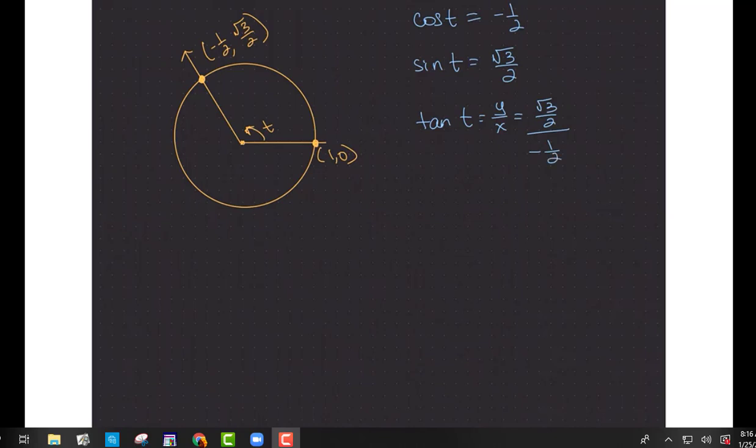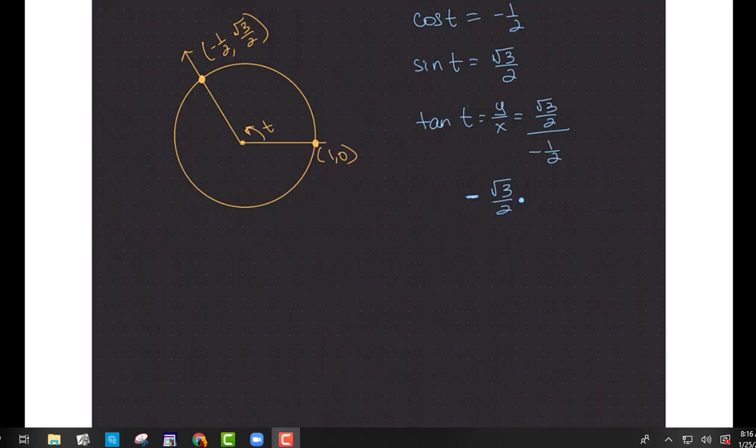-1/2. You guys remember how to simplify fractions? Or when we're dividing fractions, what do we do? Multiply by the reciprocal. Yep. So this would be the square root of 3 over 2 times, I'm going to throw my negative out front. It doesn't matter where you throw it.